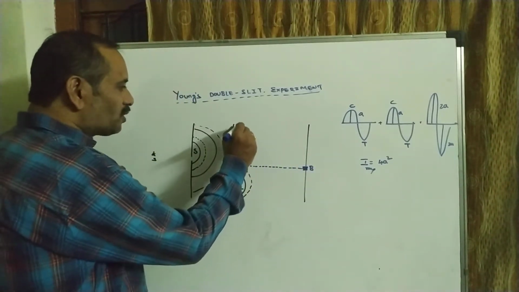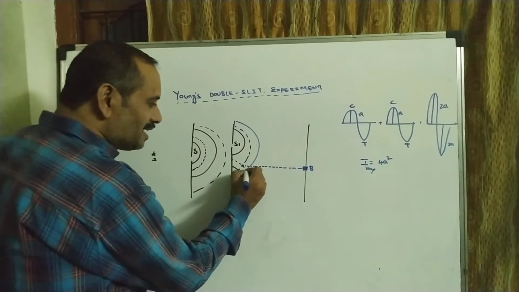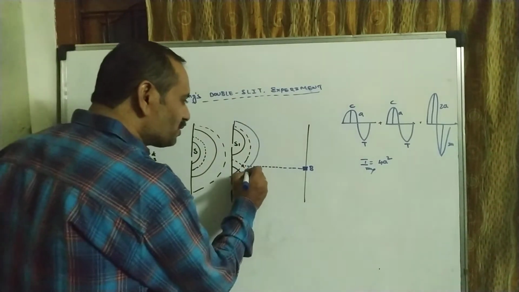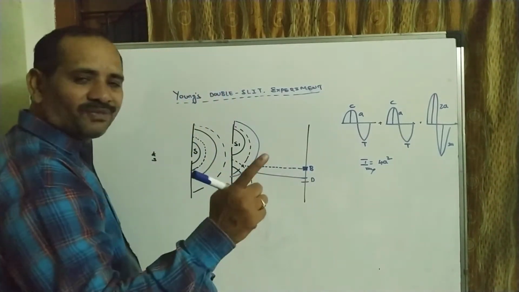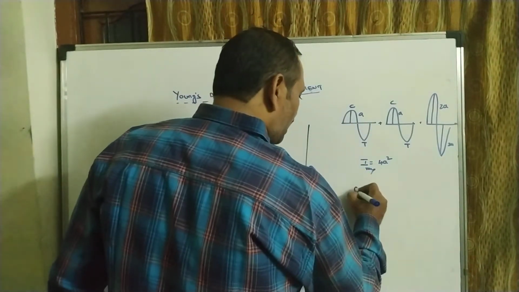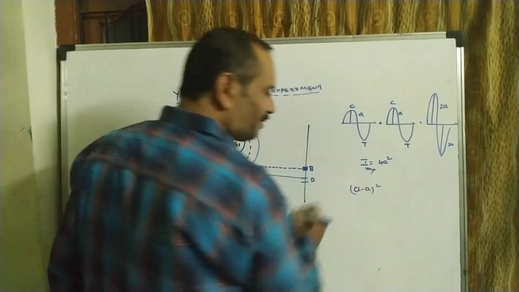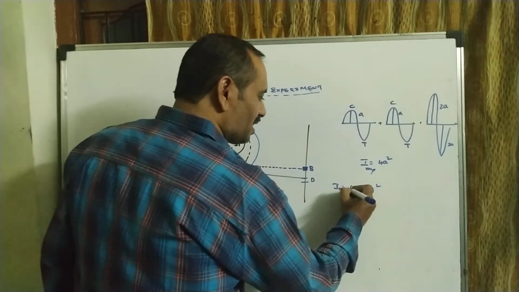Next, if I think about another crest here, crest and trough superposed, what am I going to get? Dark band. What is the reason for getting a dark band with crest and trough? Crest and trough superposed gives (A minus A) whole squared, that is minimum, equal to 0.